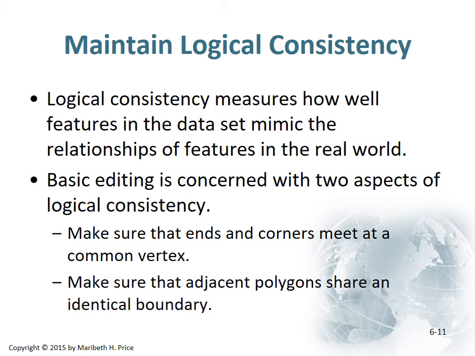We don't have overlapping boundaries. That creates a lot of problems when doing analysis with the vector data model. But the more your data matches and mimics the locations in space, the better your data set's going to be for doing any kind of modeling or analysis using the vector data model.